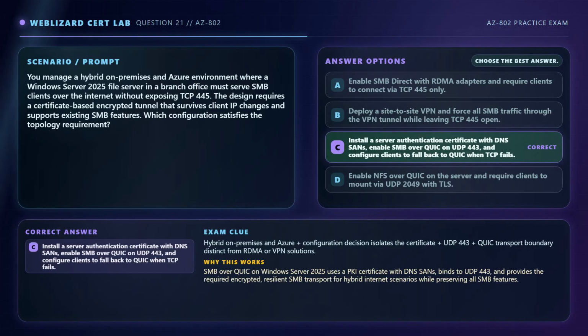SMB over QUIC on Windows Server 2025 uses a PKI certificate with DNS SANs, binds to UDP 443, and provides the required encrypted, resilient SMB transport for hybrid internet scenarios, while preserving all SMB features. Hybrid on-premises and Azure plus configuration decision isolates the certificate plus UDP 443 plus QUIC transport boundary, distinct from RDMA or VPN solutions.